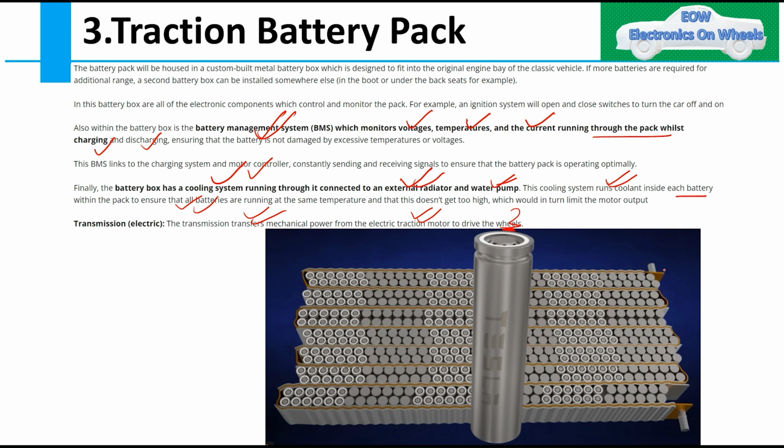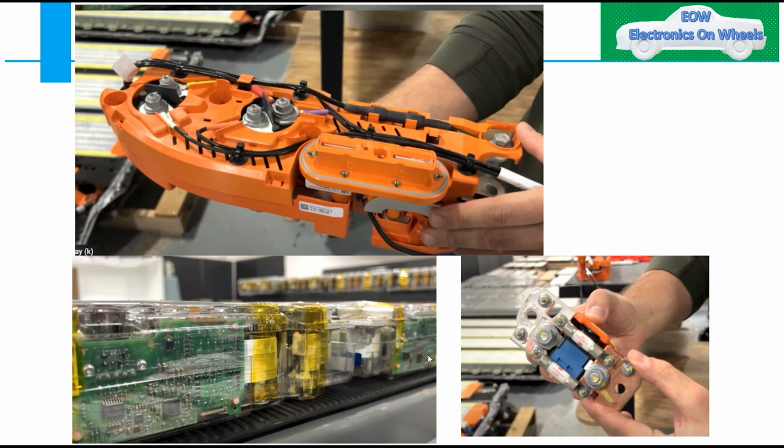But if you see this lining, this is the cooling mechanism which Tesla is using. And in these lines, a coolant glycol runs, which cools the battery and maintains the temperature of your battery pack or battery individual cell as well. So it looks like this.